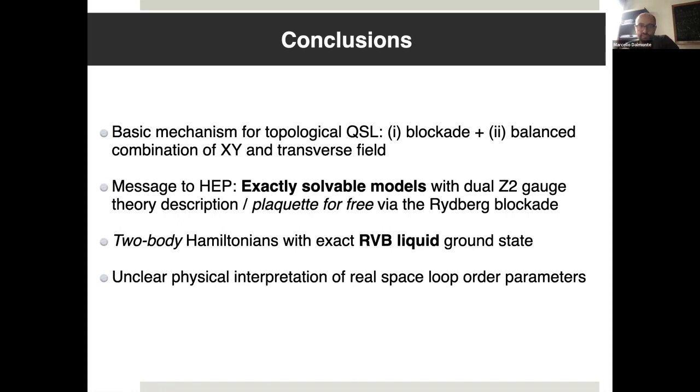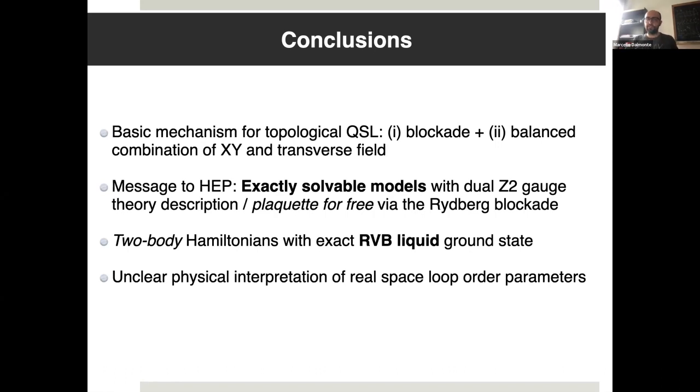There is a message in all of this for energy physics to some extent, that we can have very nice dual descriptions of Z2 gauge theories, made out of two-body interactions, which is very handy. And this description is also good because, in principle, for experiments, this can be impactful even beyond Rydberg atoms. However, our theory also raised certain questions in practice.